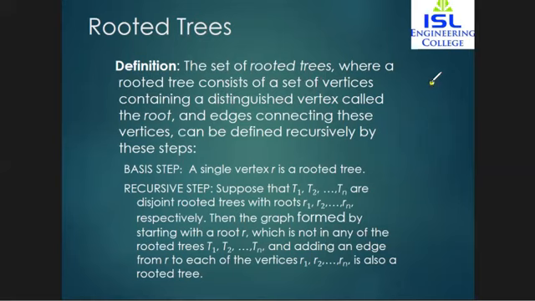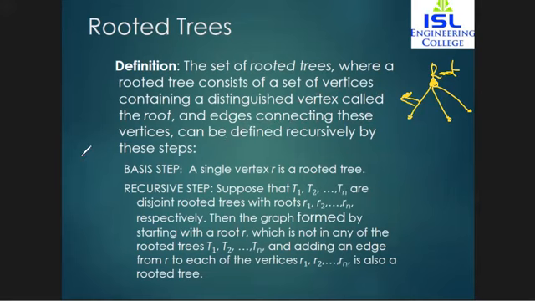So we will have some vertex called the root, and one of those vertices is the root, while the other vertices are considered the leaves of that tree, and the ones joining the root and the leaves are called the branches or the edges, and the edges connecting these vertices can be defined recursively by these steps.